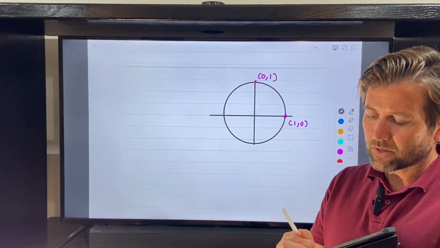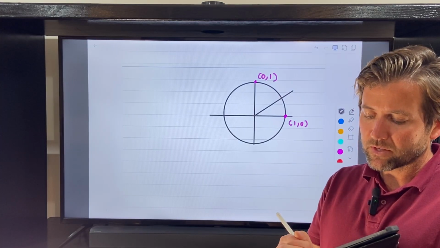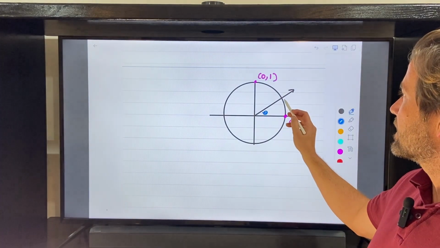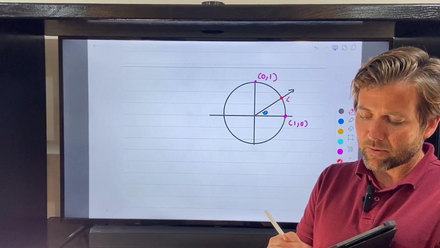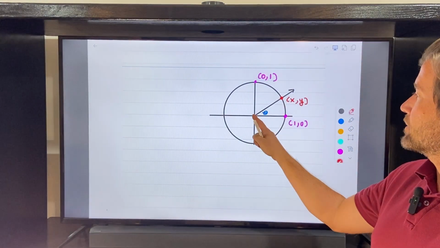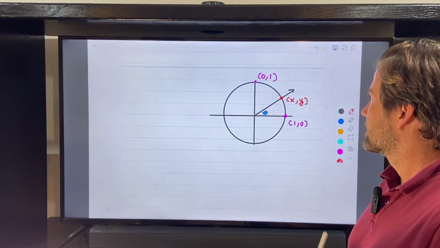I'm going to place it right here. That's our angle. I'm going to call this angle theta. And this angle theta intersects the unit circle at some point. This is some x coordinate, comma, some y coordinate. So this point is x units from the origin and up y units from the x-axis.